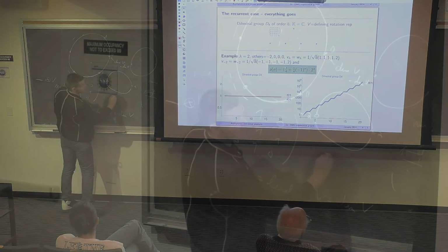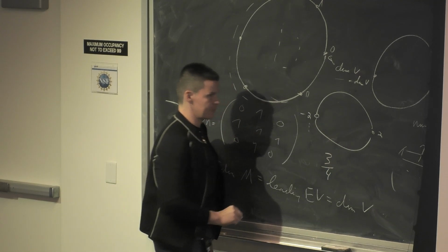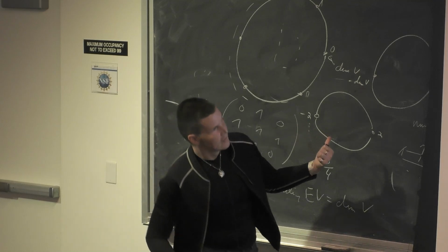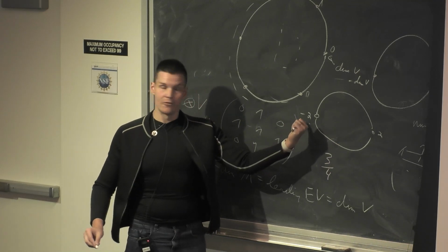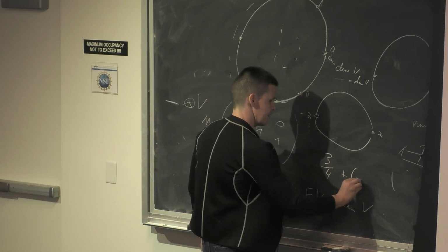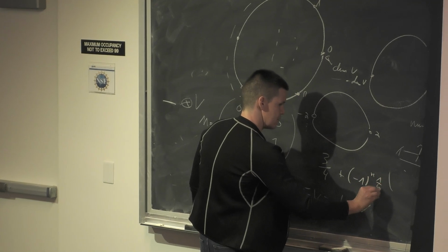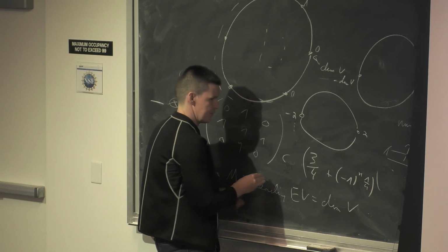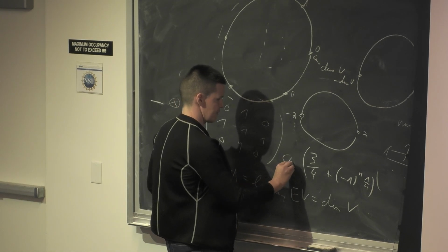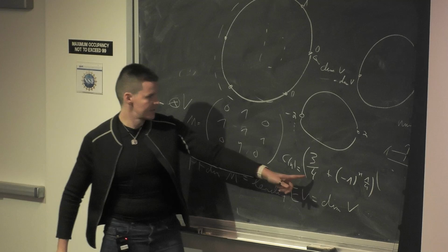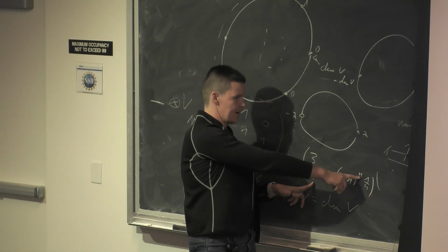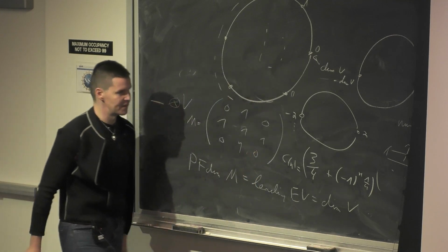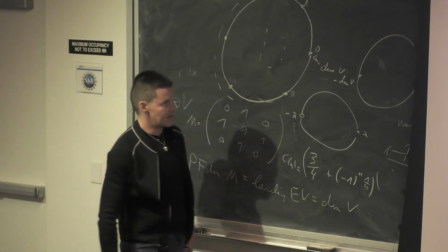So you get exactly this 3/4 coming from those eigenvectors, and a 1/4 coming from those eigenvectors. And this is your sub-exponential factor. So it oscillates: they work together when n is even, and they compete a little bit if n is odd.